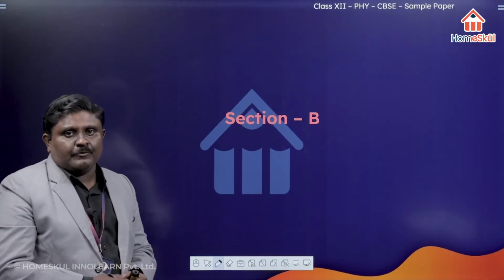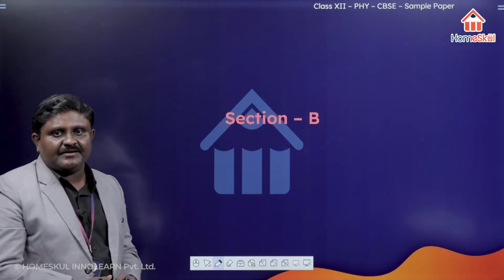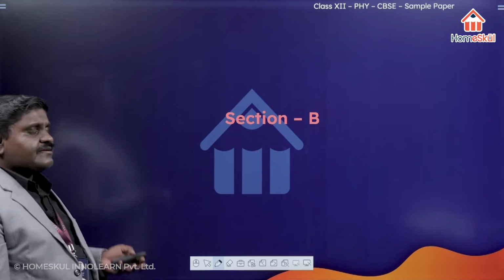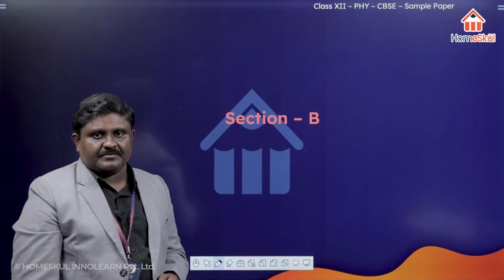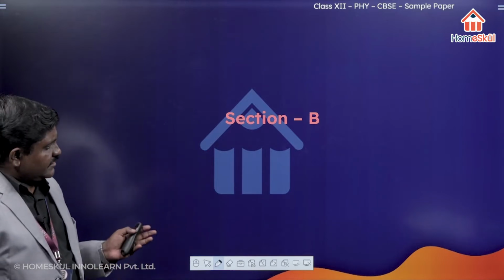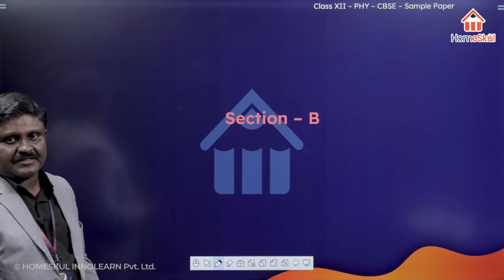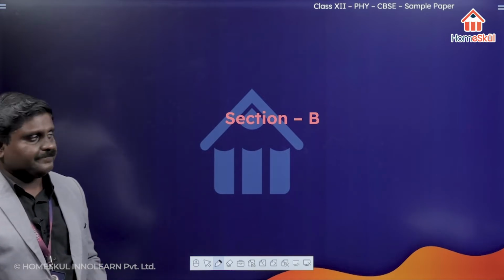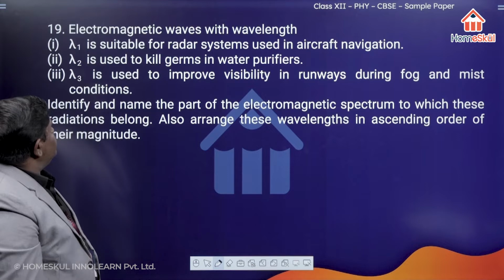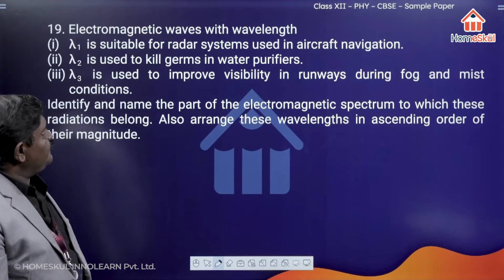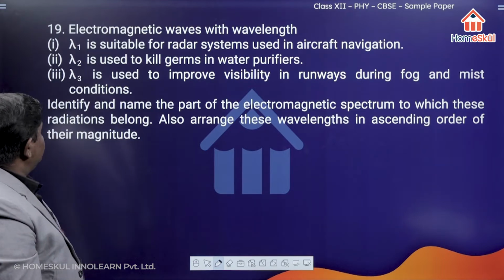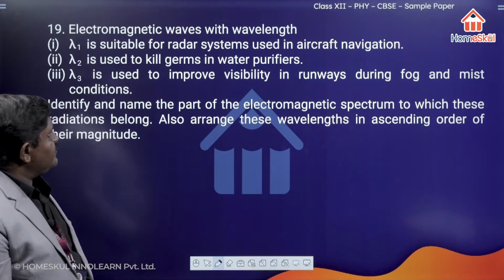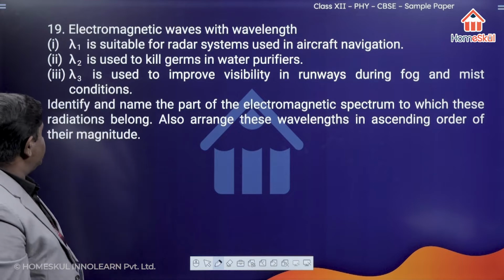Now we move on to the next section, that is section B. This is the 2-mark questions. In this section, each question carries 2 marks. In this section, we have internal choices also. The first one. Electromagnetic waves with wavelength lambda 1 are suitable for radar systems used in aircraft navigation.